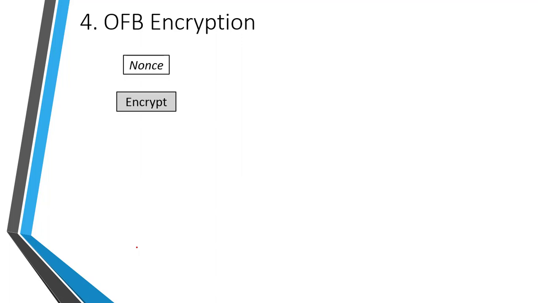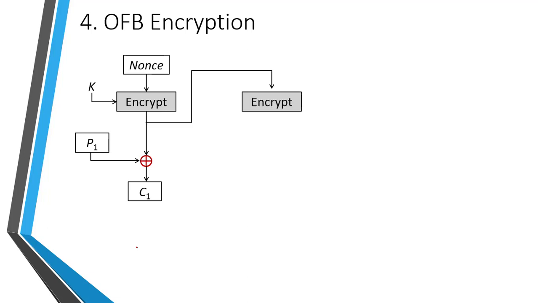In output feedback mode, a nonce is used in encryption with the key. A nonce is a unique value which is used for encryption, and after that the exclusive or operation is applied between the plaintext and the output of the encryption function.